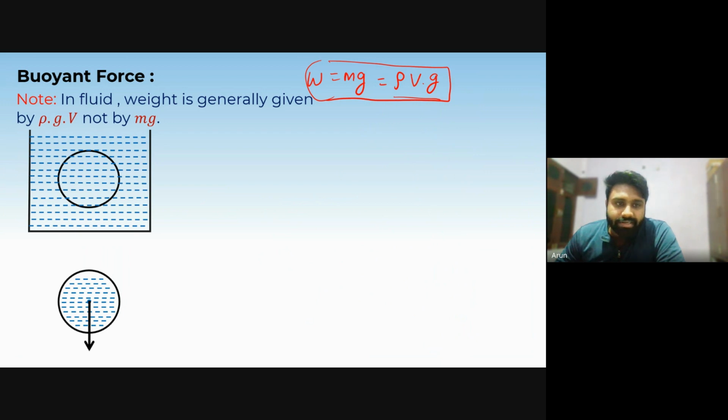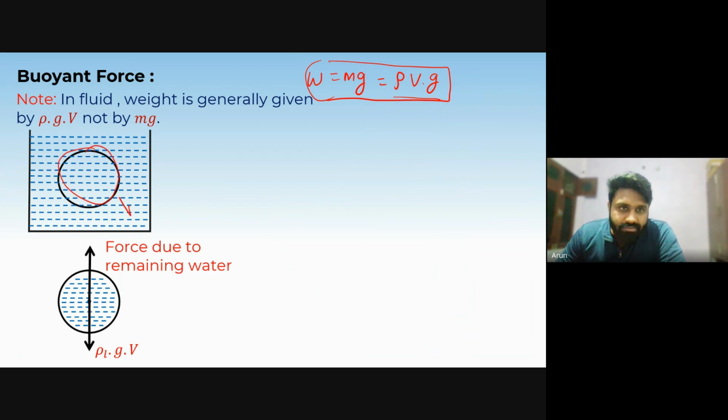If we take it outside, this much amount of liquid would have filled inside it. Okay. And this is rho of liquid g into the volume of this sphere. Now, this surrounding liquid will exert a pressure on this sphere, uniformly, we know that. So this will result in a net force acting in the upward direction. And that force is due to the remaining water. Got it?